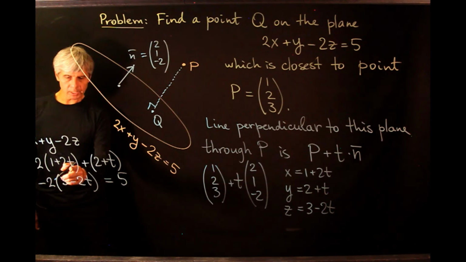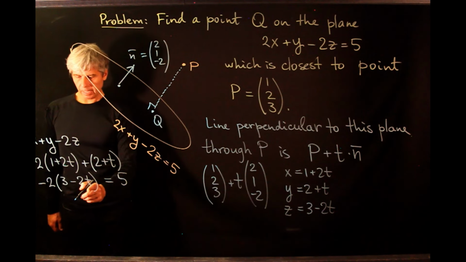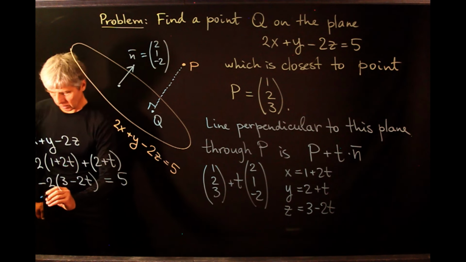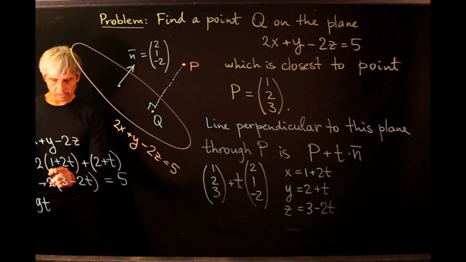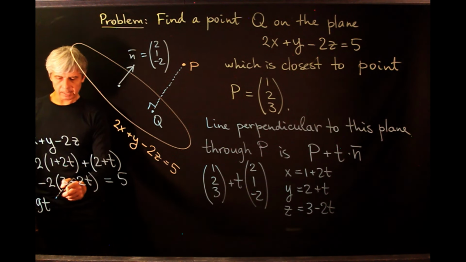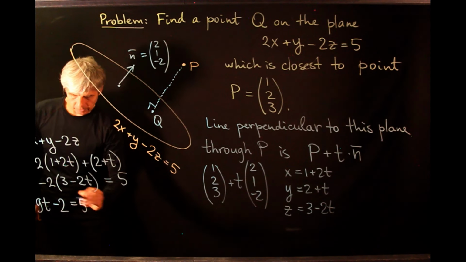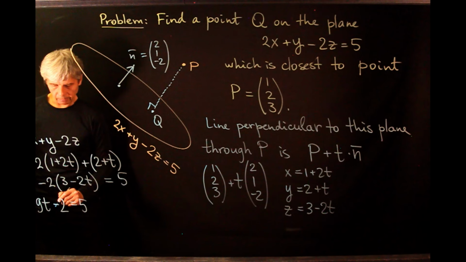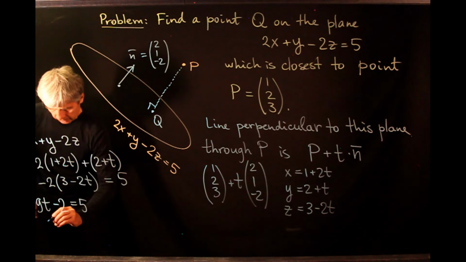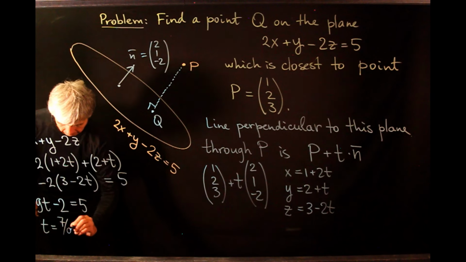Here we get 4t plus t, that's 5t, and plus 4t, so we get 9t. And the constants are 2 plus 2, that's 4, minus 6, that's -2, and this is equal to 5. And so what we get is that t is equal to 7 over 9.